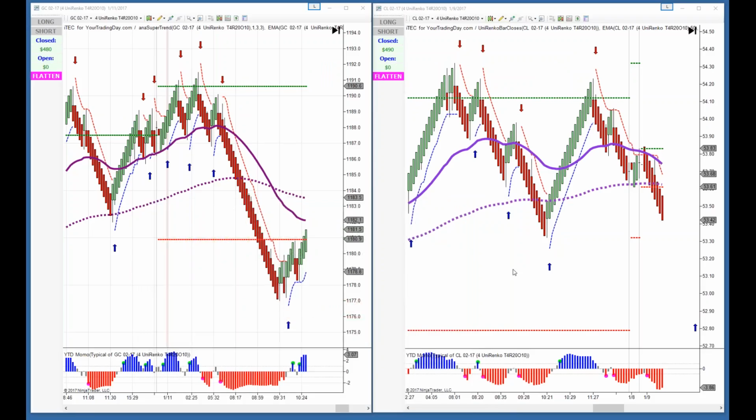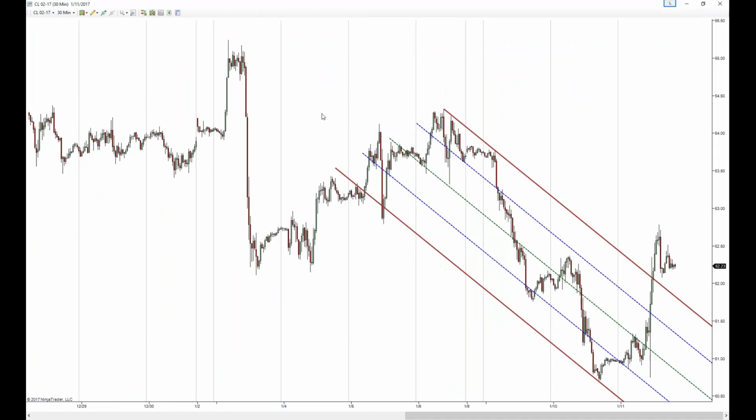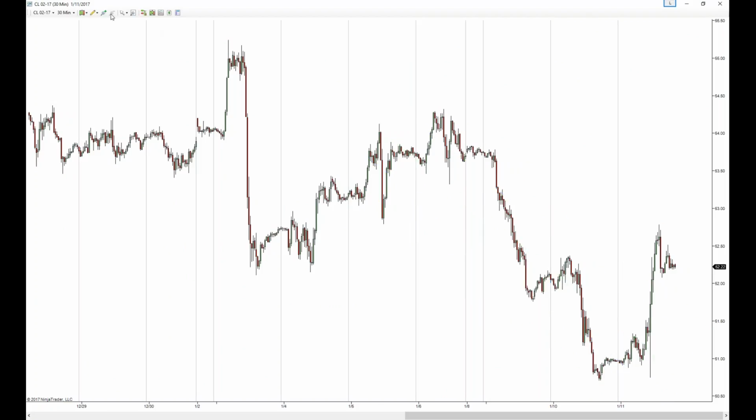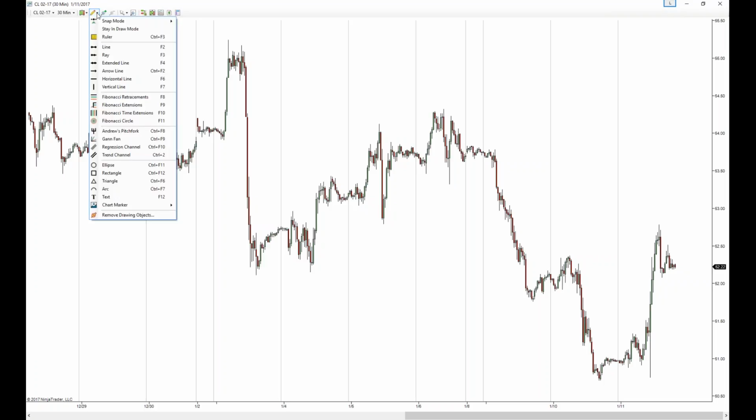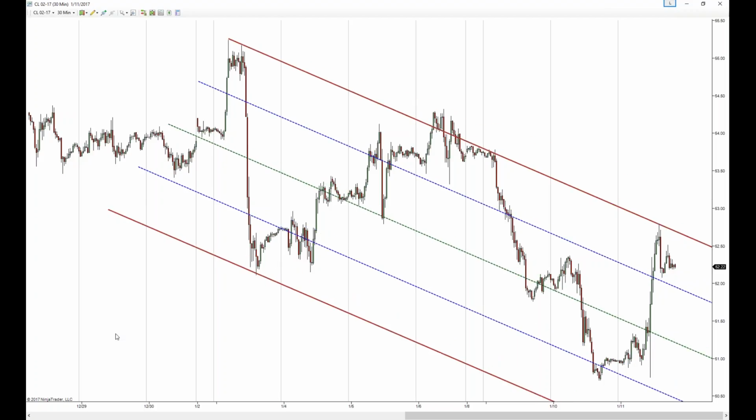When we last left off, in the last video I made, we talked about the 30-minute charts. Here's a 30-minute chart. We talked about drawing trend lines, how we draw them, and what we're looking for to give us an idea of what is going on overall with the instrument and what we should be looking to do with it.